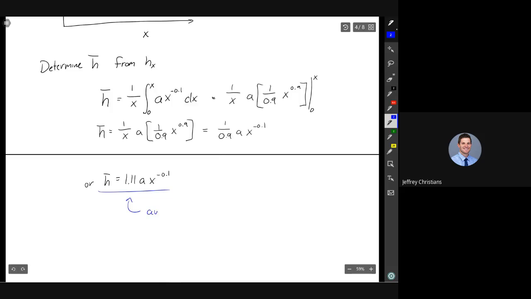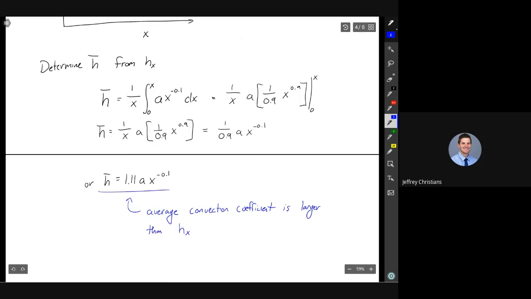But we can say the average is larger than the convection coefficient at any given spot.